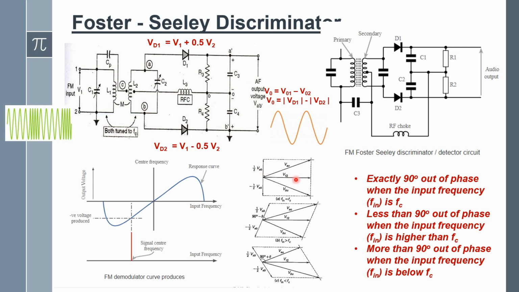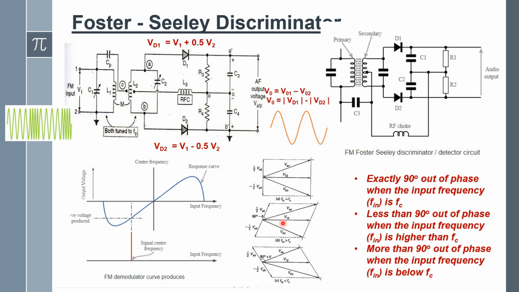If the input frequency is higher than the carrier frequency, like fc plus delta f, the phase difference between the primary and secondary is less than 90 degrees. Finally, if the input is below the carrier frequency, like fc minus delta f, the phase difference between primary and secondary is greater than 90 degrees, that is, 90 plus theta.